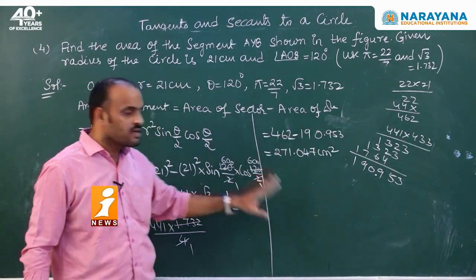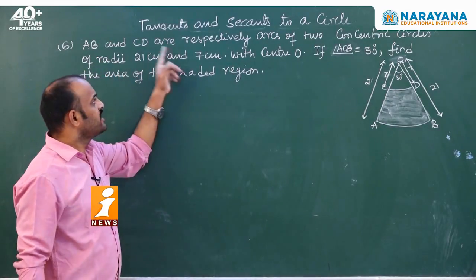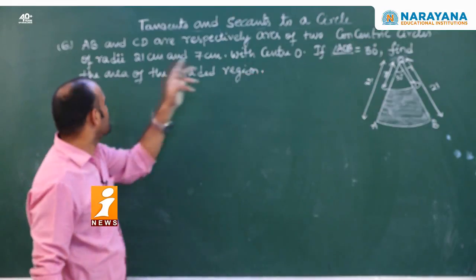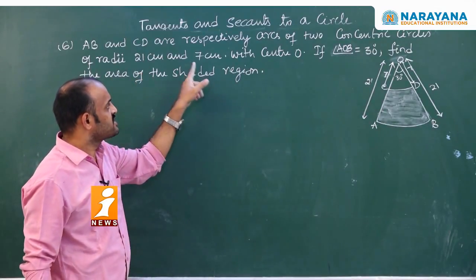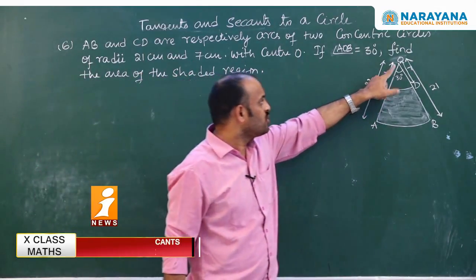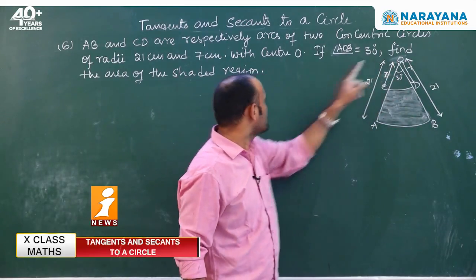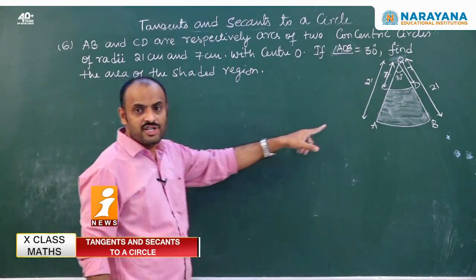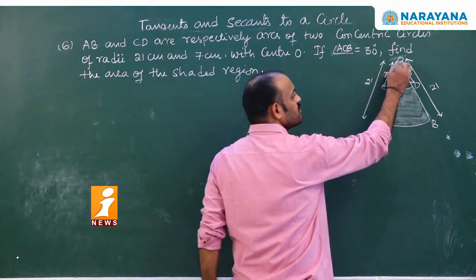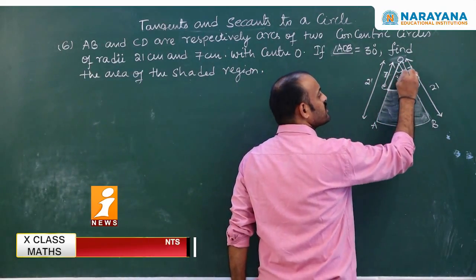Therefore, area of segment A by B is 271.047 centimeter square. See this? AB and CD are respectively arcs of two concentric circles of radii 21 centimeters and 7 centimeters with center O, and angle AOB at O is 30 degrees. Find the area of the shaded region. If you observe, it is a sector, isn't it?